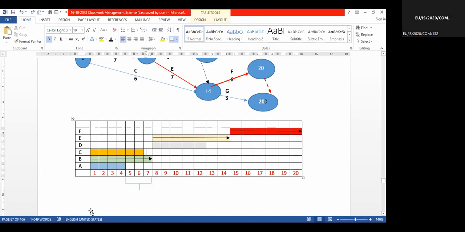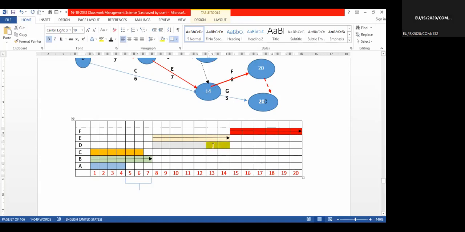Activity D. How many days can we delay activity D? 2 days. Yes, of course, 2 days. These 2 days we can delay.